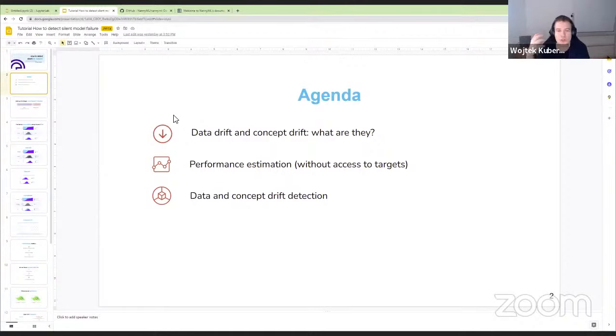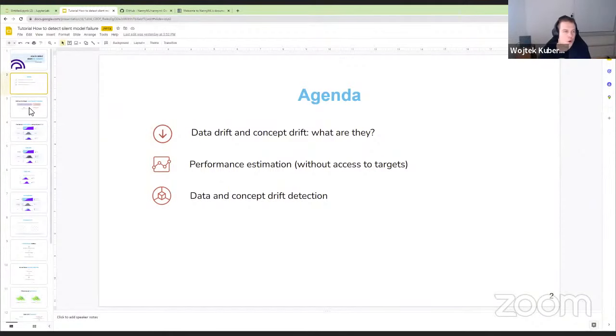We're going to develop an intuition of how this algorithm works. And once we learn how to detect changes in performance, deterioration of performance, and in extreme cases, model failure, we're going to go back to data and concept drift to troubleshoot and figure out what exactly went wrong and how we can fix it so our models are performing well again.